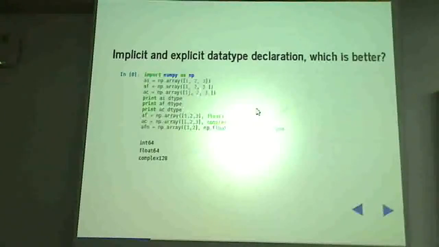The data type of this variable AC is going to be complex. Why do you think it's complex 128? Why not complex 64? Yes, there are two reals. A complex number has the coefficient of the imaginary part as well as the real part, so two float 64s add up to a complex 128.